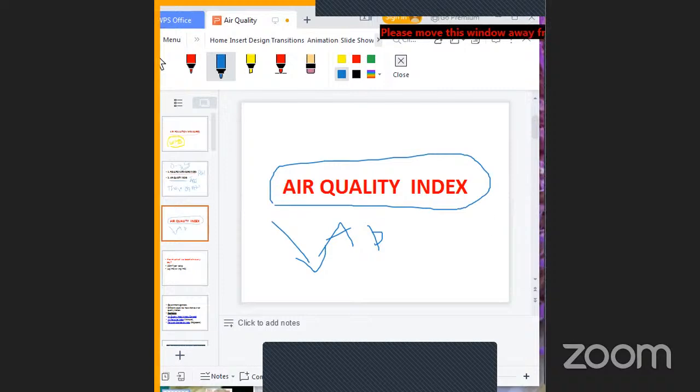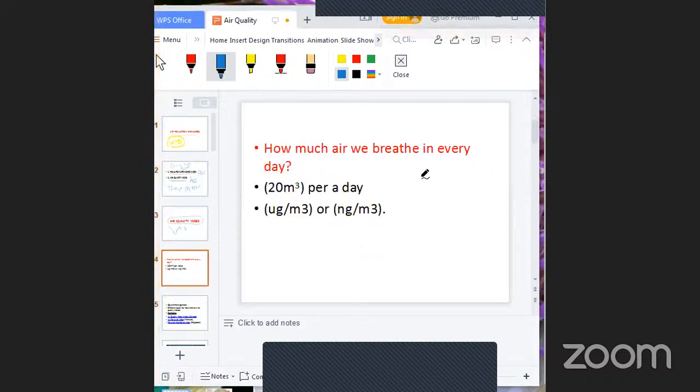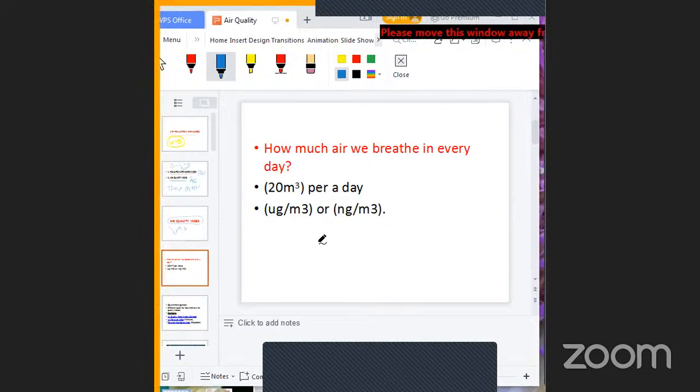So first of all, tell me, do you have any idea as to how much air we breathe in every day? Anybody? How much? Okay, I will tell you. Well, it depends on certain factors, right? It depends on the body weight. It depends on the age, right?